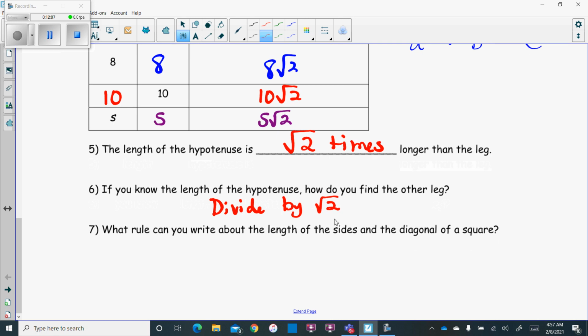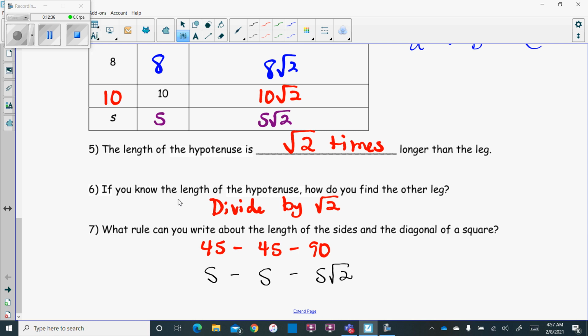So the rule I could write about the lengths of the sides of the diagonal of a square is that anytime we have 45, 45, 90, then it's always going to be the side length, the side length, the side length root 2. Okay. Now, we can kind of show that with the formula.